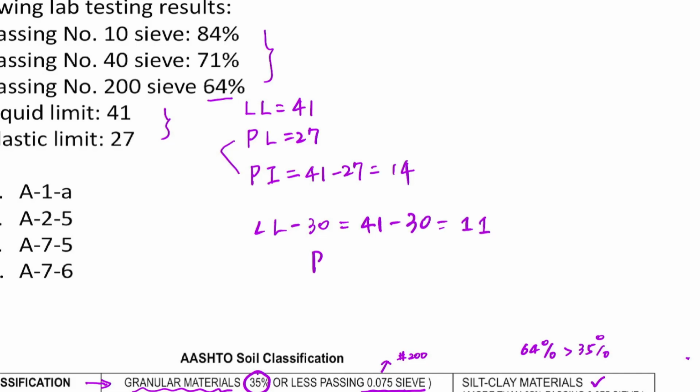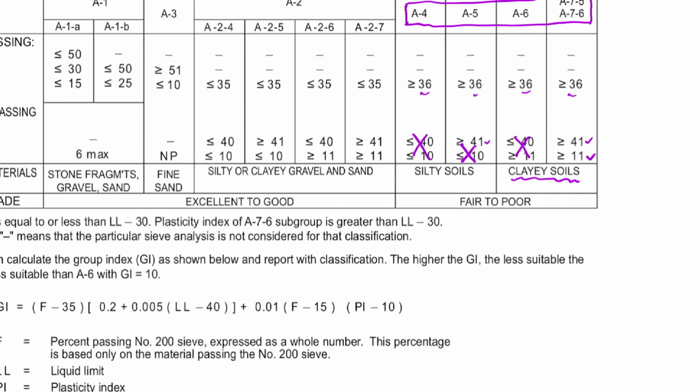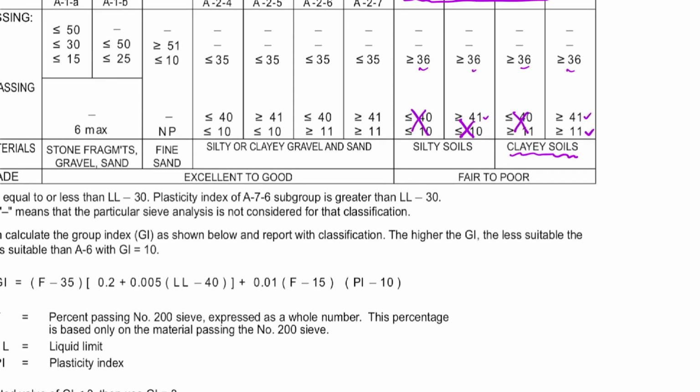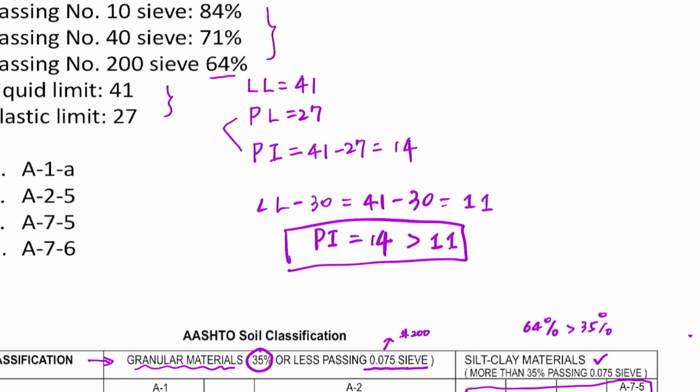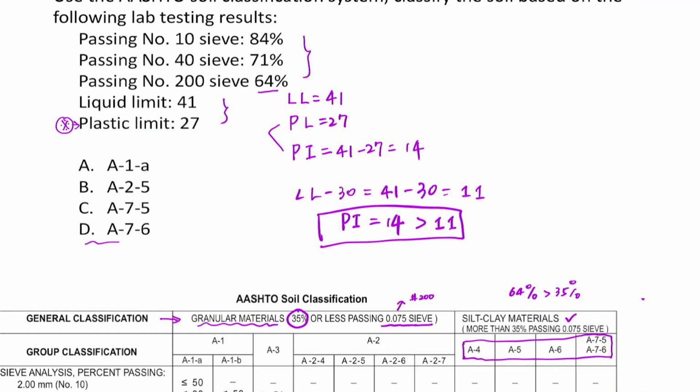Our PI is 14, so it's larger than 11. If you have a PI that is greater than LL minus 30, then we would choose A-7-6. So A-7-6, D, is the right answer.